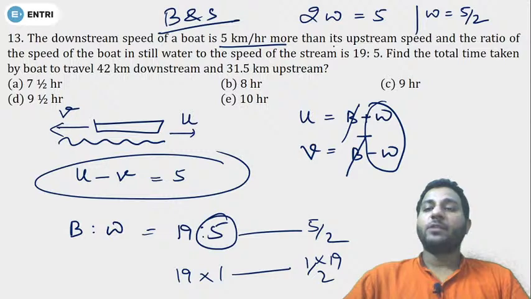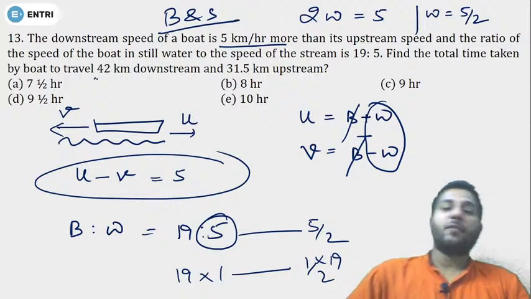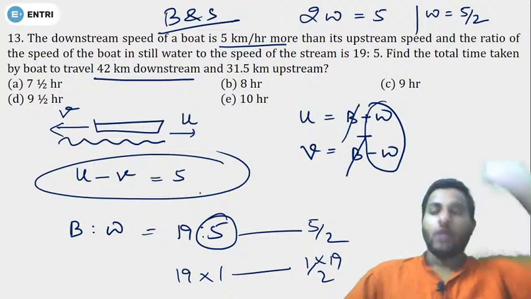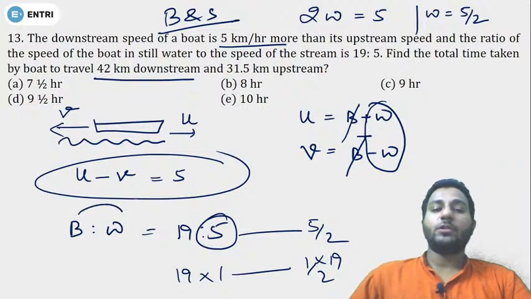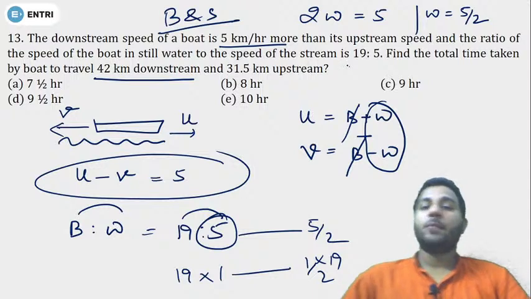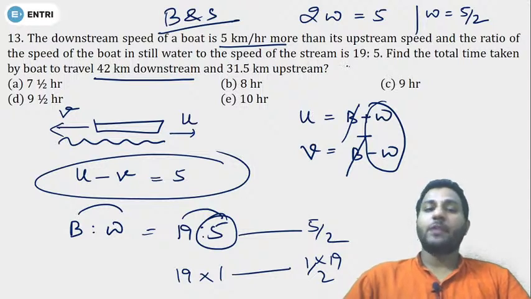Now find the total time taken by boat to travel 42 km downstream and 31.5 km upstream. So first of all, we need to add both the data to get the downstream speed, which means 24 units. So 24 units will get you 12 km per hour.